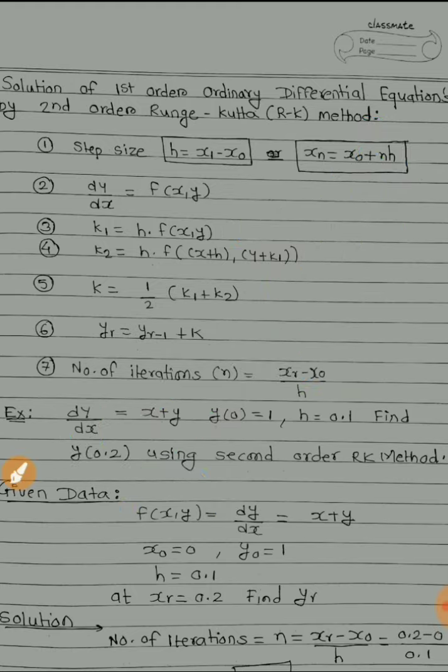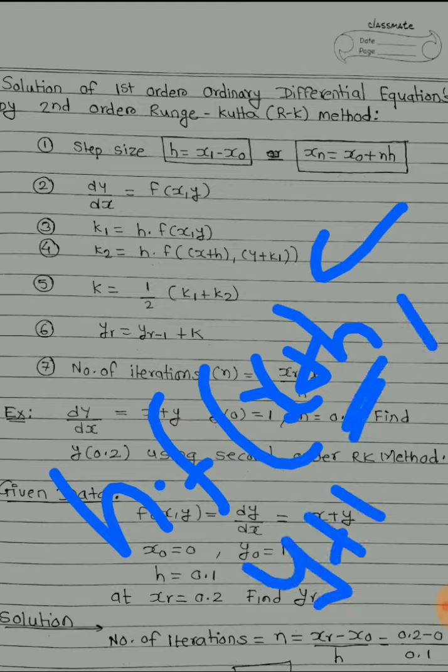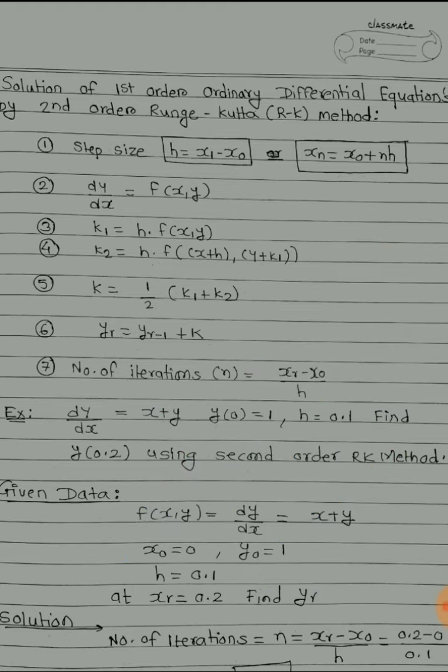Likewise, k2, another constant, is given by h into f of x plus h, means instead of x you need to take it x plus h comma y plus k1, where k1 is the constant we know, so that part is added here in term of y.